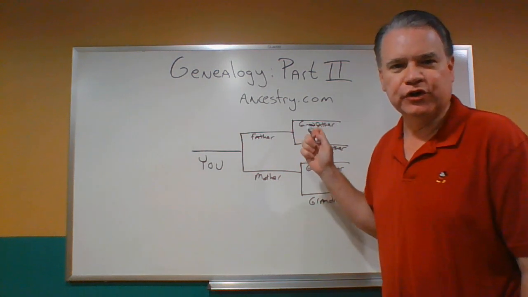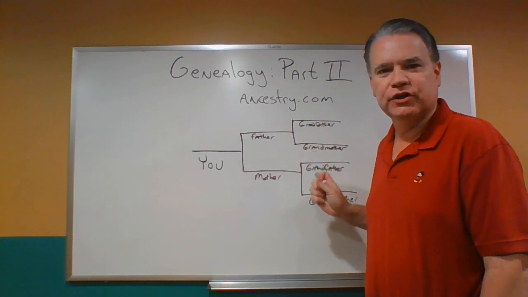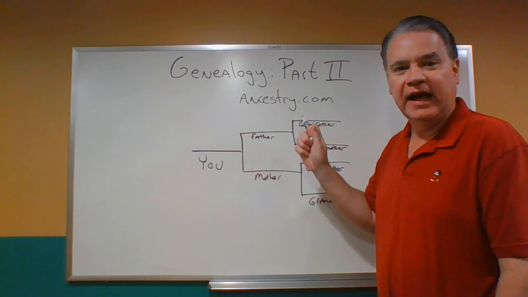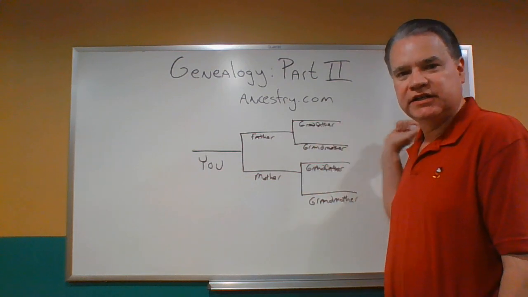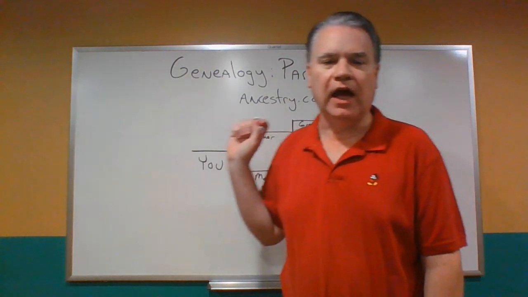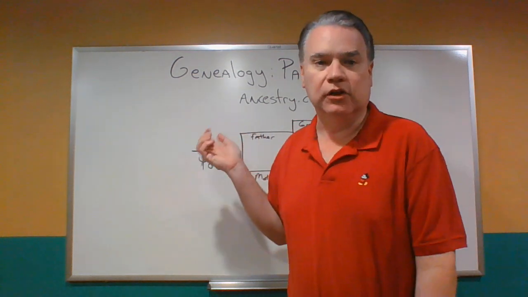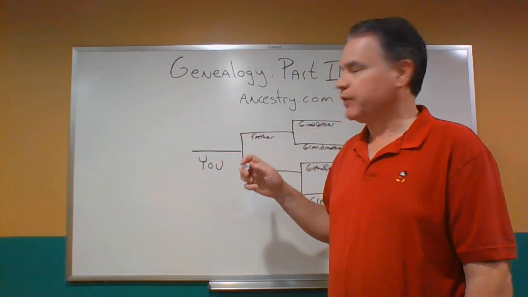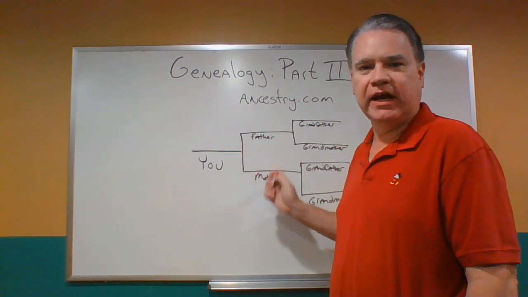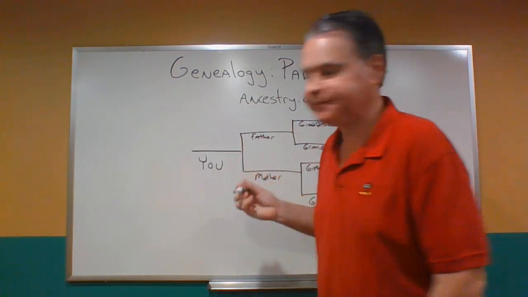Here you have your paternal grandfather and grandmother, and your maternal grandmother and your grandfather, and this structure can continue as far as you want it to go. So this is what the online family tree looks like, and there will be names associated with each of these lines.